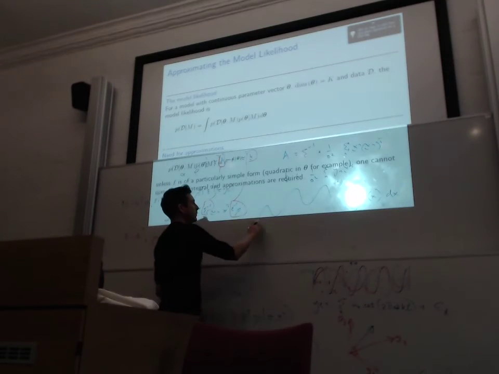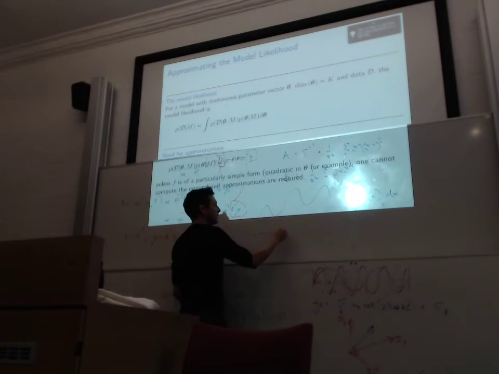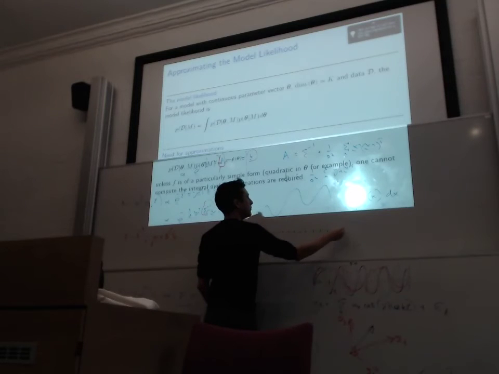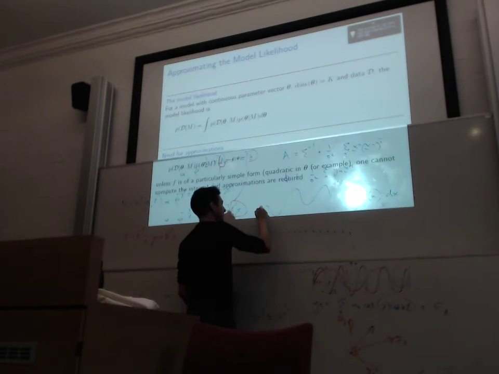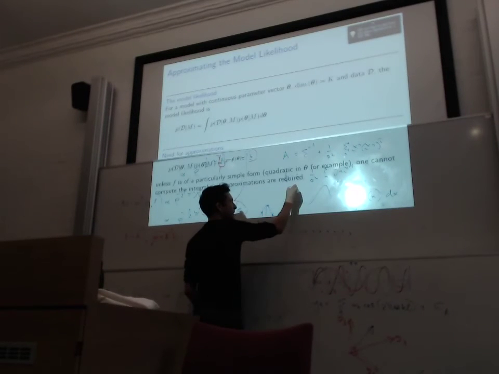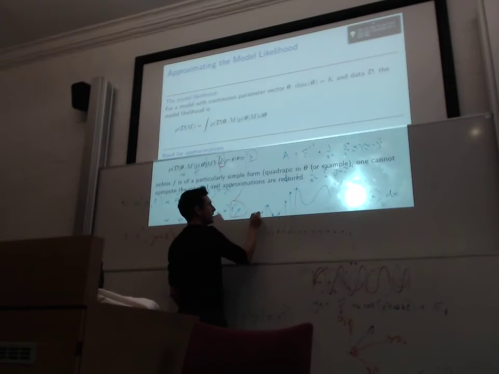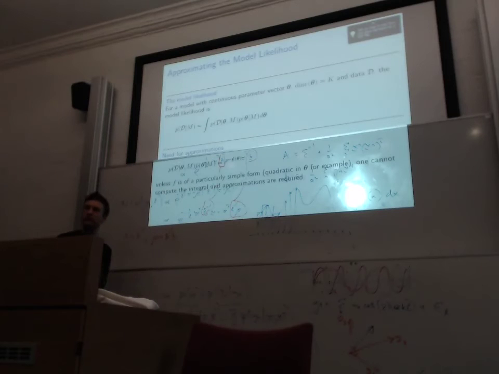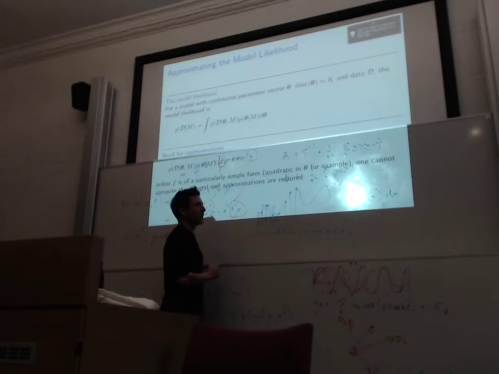Well, one thing to do is bin up the range, evaluate the function at these points, and then approximate the integral by the sum of these. That's the simple way to approximate that integral.